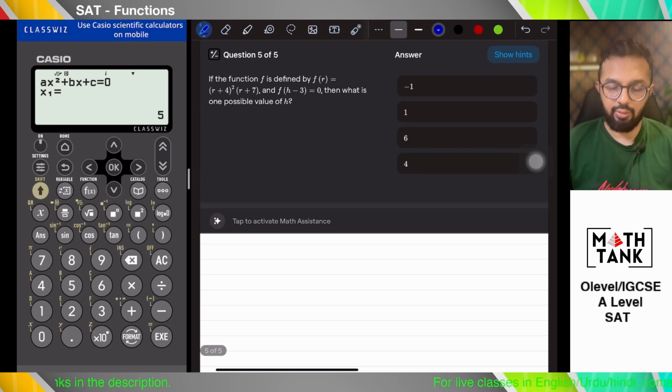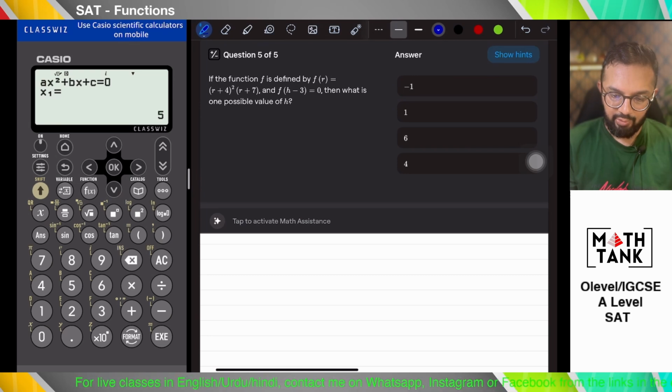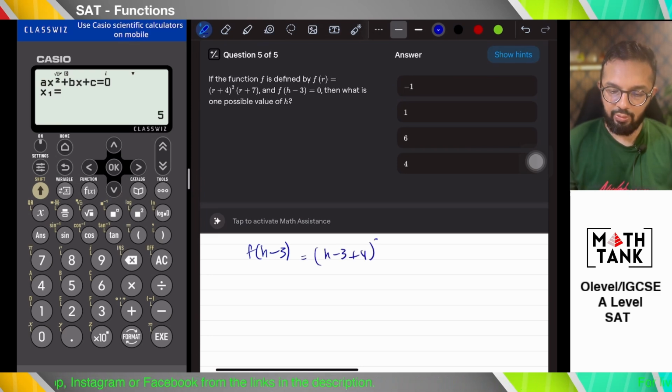Last question for the hard part. If the function is given by this, then what is one possible value of h? F of h minus 3 is 0. So f of h minus 3. H minus 3 plus 4 squared, h minus 3 plus 7 equals 0.